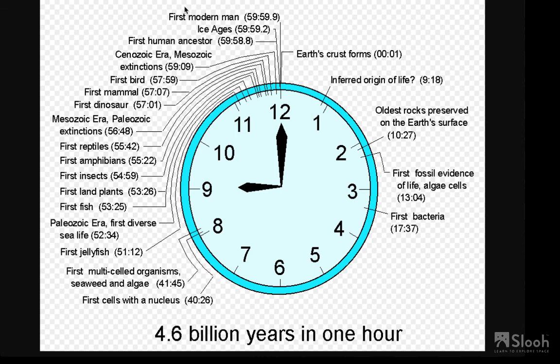The first modern human, so us, well, not even us really, but our ancestors, didn't form until the last possible second of that hour. So if you put all of Earth's history, all 4.6 billion years, into 1 hour, humans are the last second of that hour.